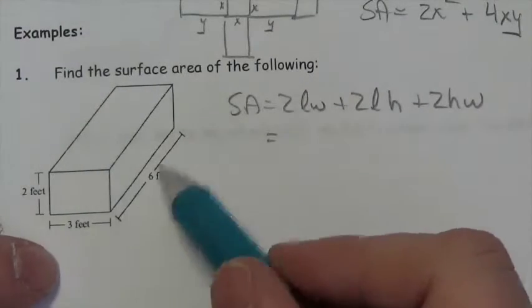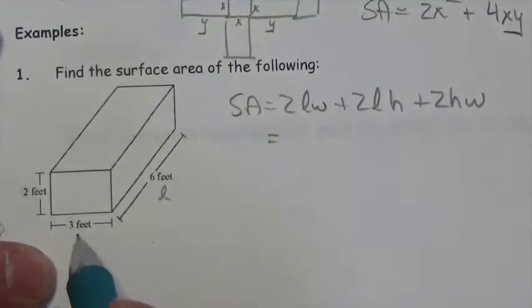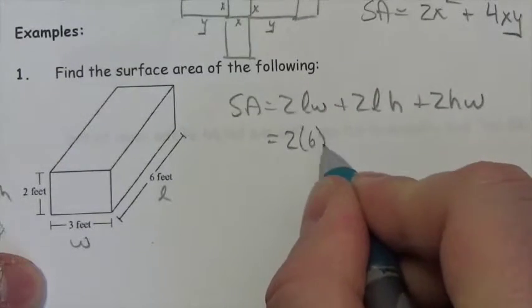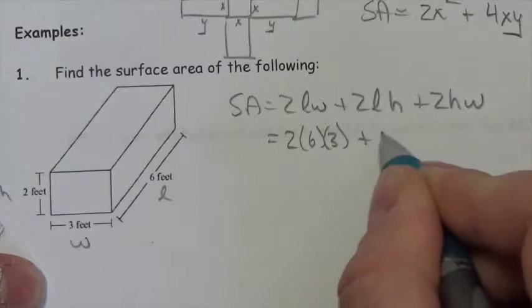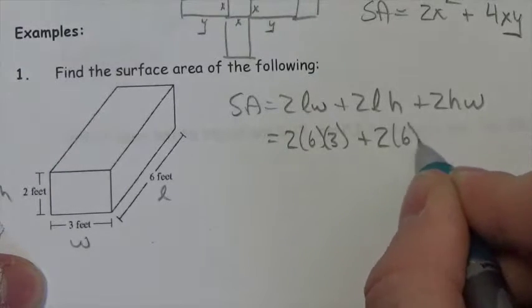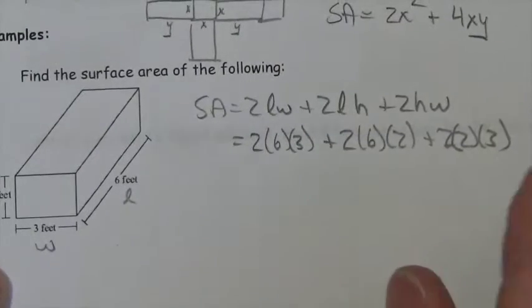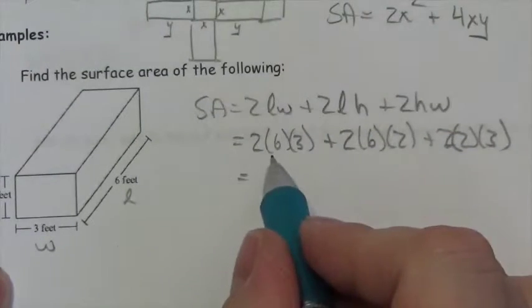So maybe what I would do is 6 feet is the length, 3 would be the width, 2 would be the height. So this will be 2 times 6 times 3 plus 2 times 6 times 2 plus 2 times 2 times 3.